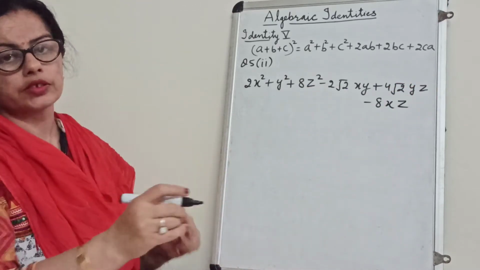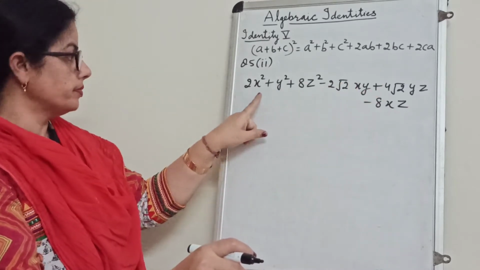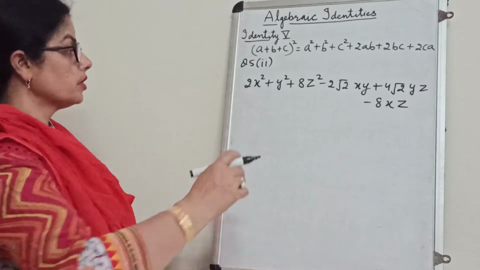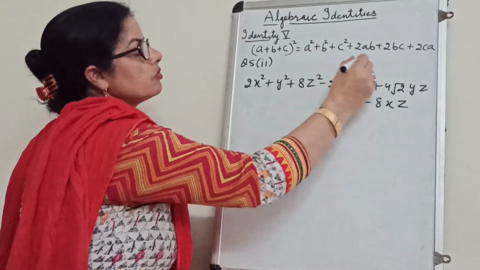We want to factorize this. See here also 6 terms are there. Let us see whether our question is in this form or not.